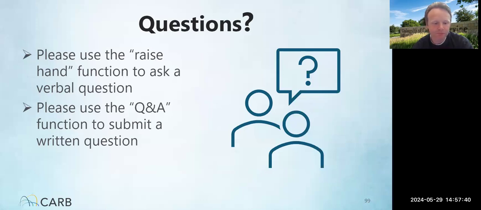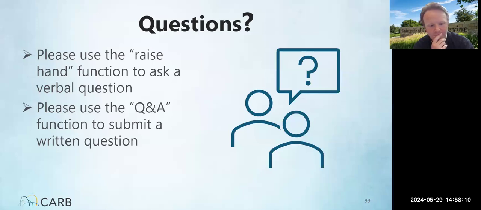Our next question is from Zach Birmingham. Are there currently any amendments to codes being discussed that will make the implementation of shoreside ZEAT infrastructure easier? That's a little bit outside the scope of CARB's regulatory authority, and so that's probably something that would fall under the purview of the California Energy Commission.